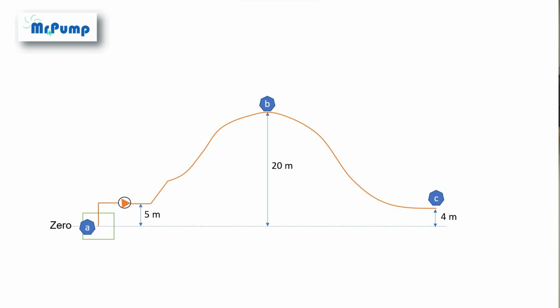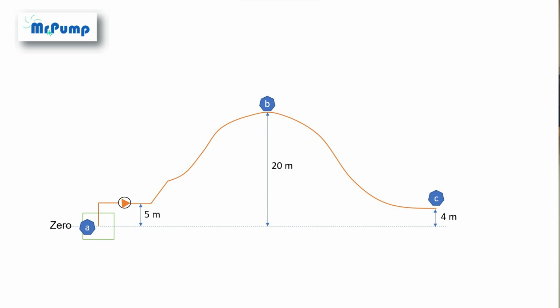As an assumption, if the head loss from A to C is around 6 meters, and the difference in level is 4, and let us assume the residual is 0, then the total head is 10 meters. Okay?